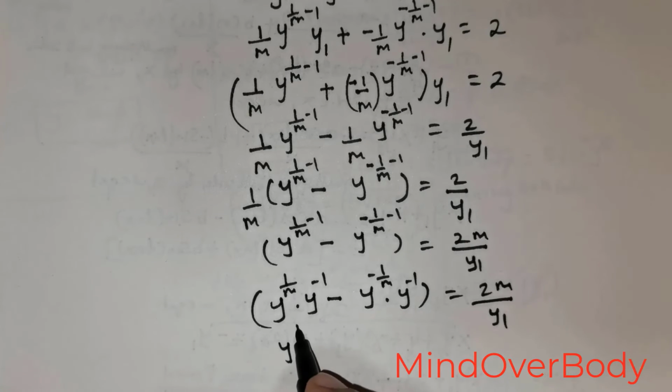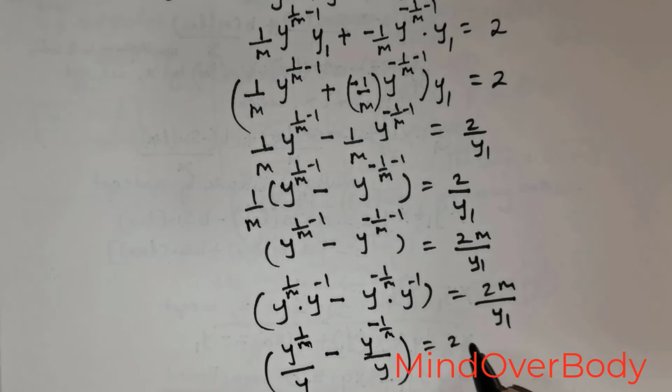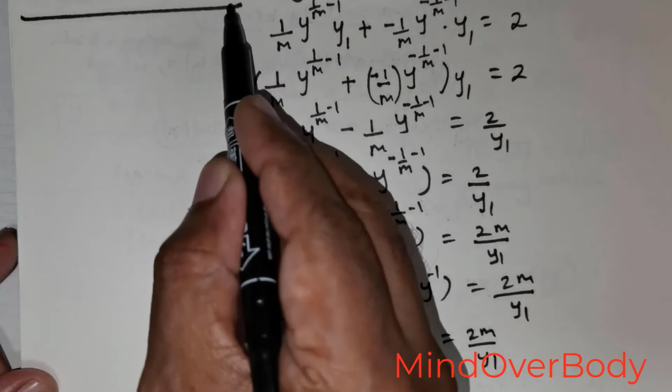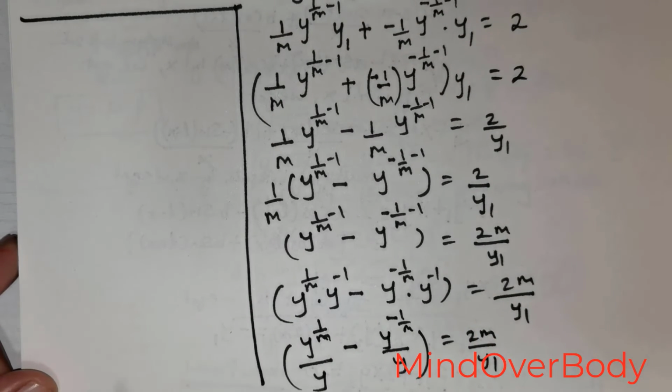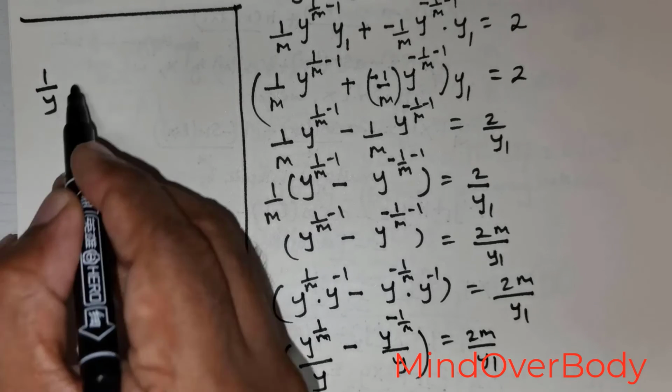So this would give me y raised to the power of 1 over m divided by y, minus y raised to the power of negative 1 over m divided by y, is equal to 2 times m over y1. Now I would like to use this part of the space, so I would like to take 1 over y out.